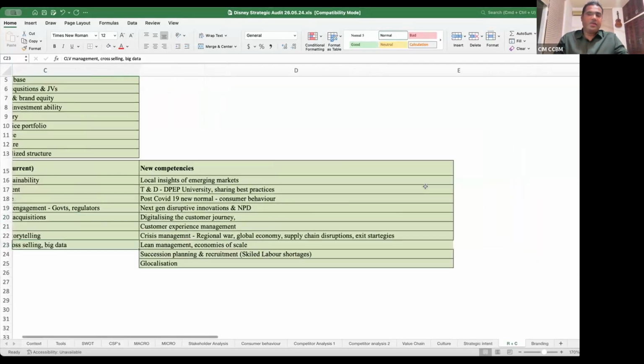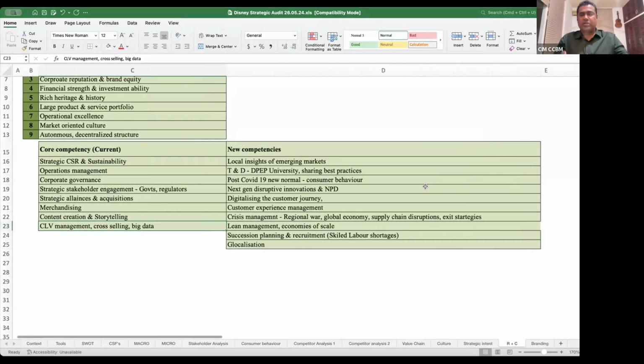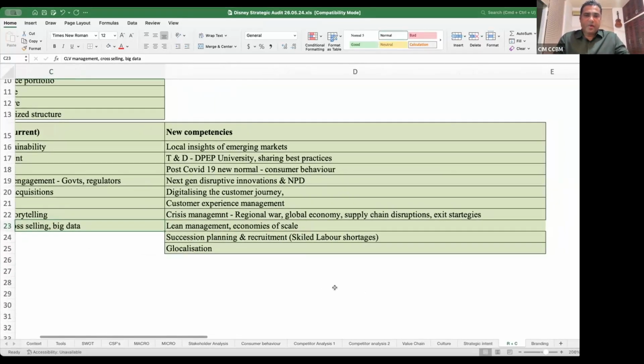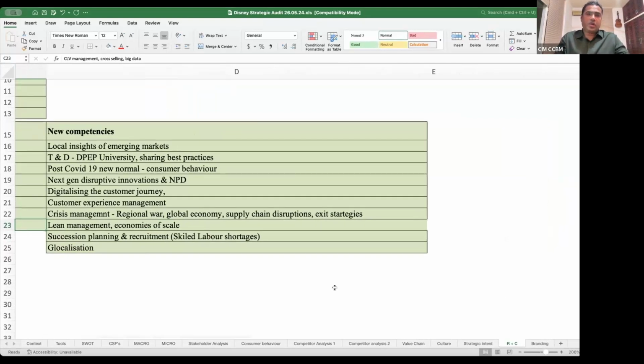So, based on the case material, I'm taking a judgment. Maybe if you think it's inadequate, you can put it as a new competence. So in terms of new competences, I found that we need to start with some marketing research, because the case study tells us that localization is important, which means we need more insights from emerging local markets.